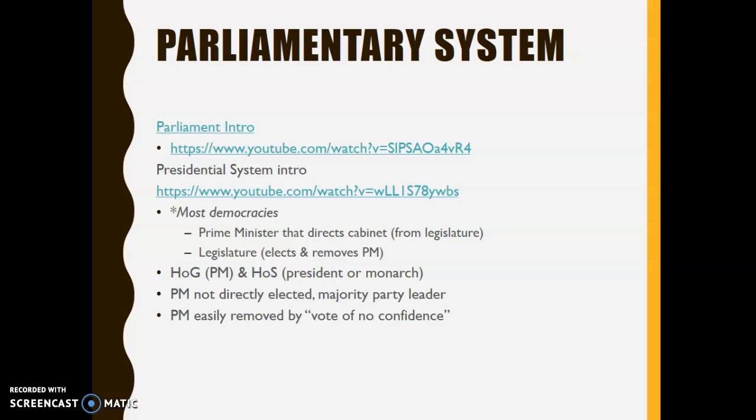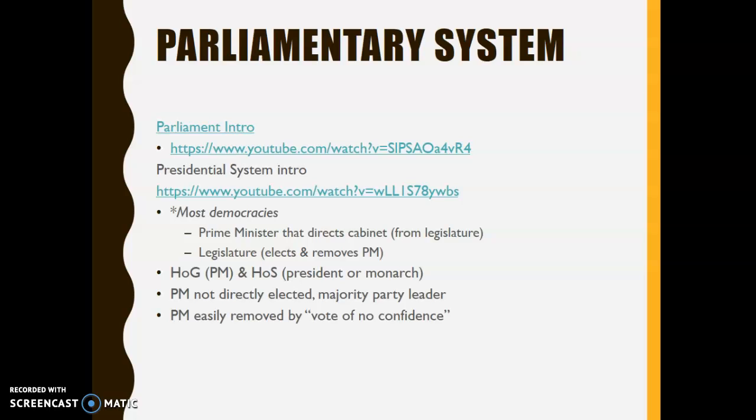Because of this, although the prime minister is pretty powerful, he can also be pretty easily removed by what's called a vote of no confidence. The members of parliament look and say, "Hey, we put you in this position with certain expectations, and if you're not meeting those expectations, we can simply hold a vote of no confidence and remove you from power."